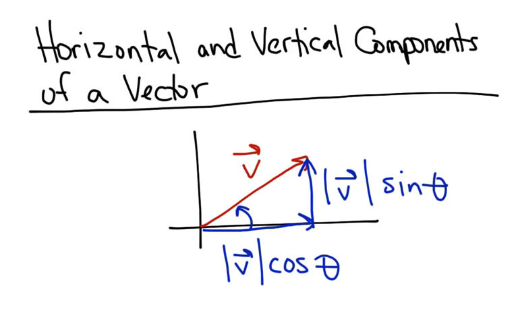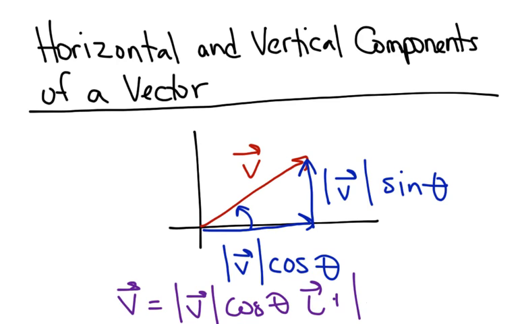So a vector could be written in component form as the magnitude of v cosine theta i plus the magnitude of the vector sine theta j. And that's how we can write it in component form.